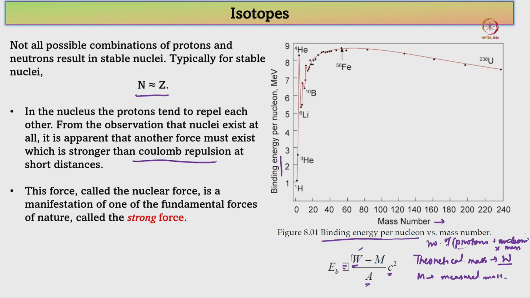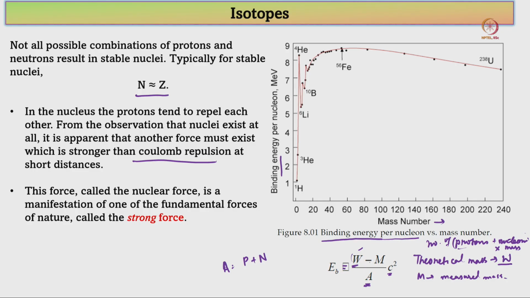A is the number of protons plus the number of neutrons, the total number of nucleons. Thus we get the energy which is called the binding energy per nucleon.